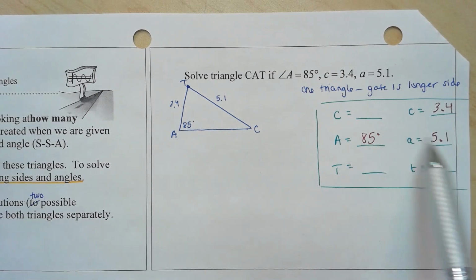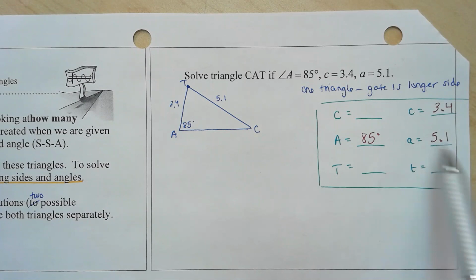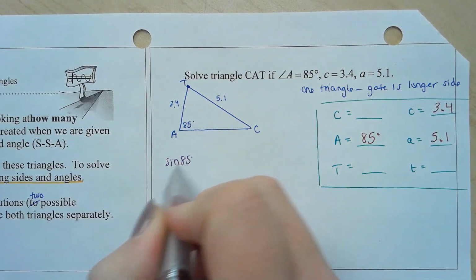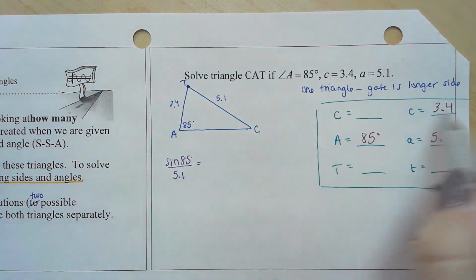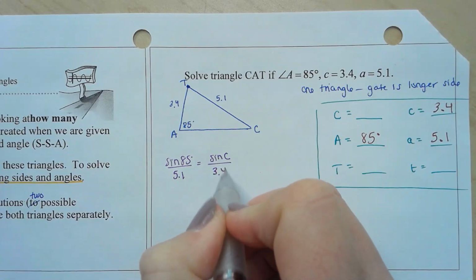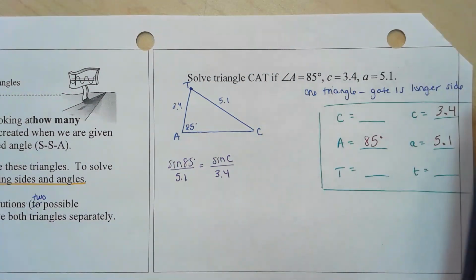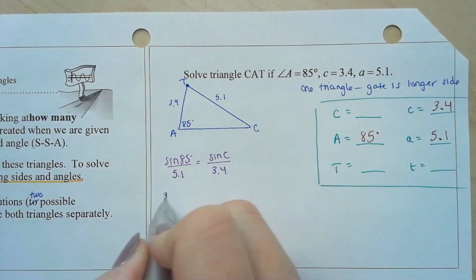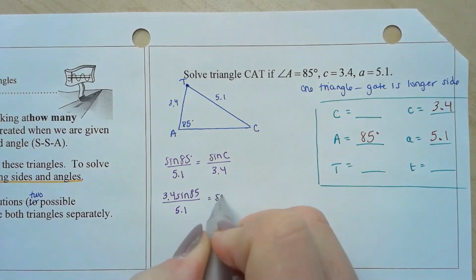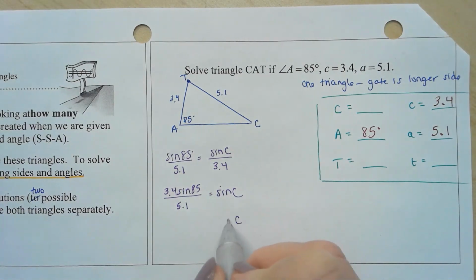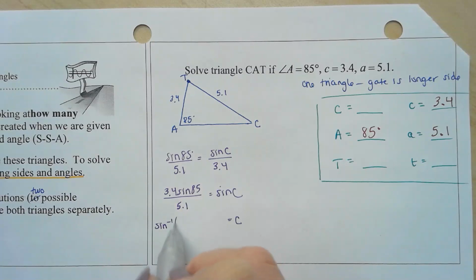So again, as soon as I notice I have an angle and its opposite side, we're going to use the law of sines. So I'm going to say the sine of 85 degrees over 5.1. And the only other side I have is c, which means I'm going to be finding angle C first. So I'm going to grab my calculator. I'm going to make sure it's in degrees. I am going to multiply that 3.4 to the other side, and then I'm going to take the inverse sine of both sides.